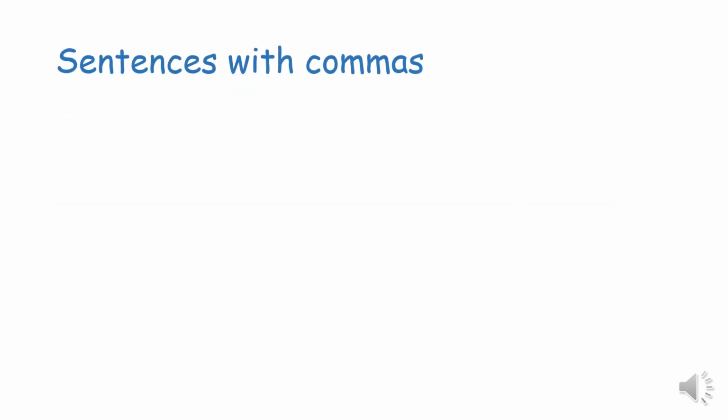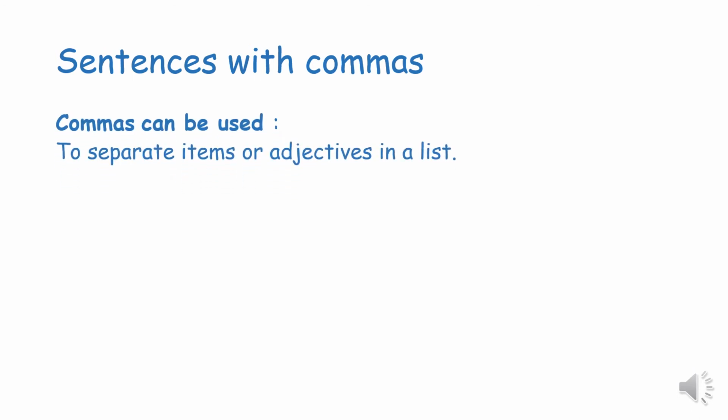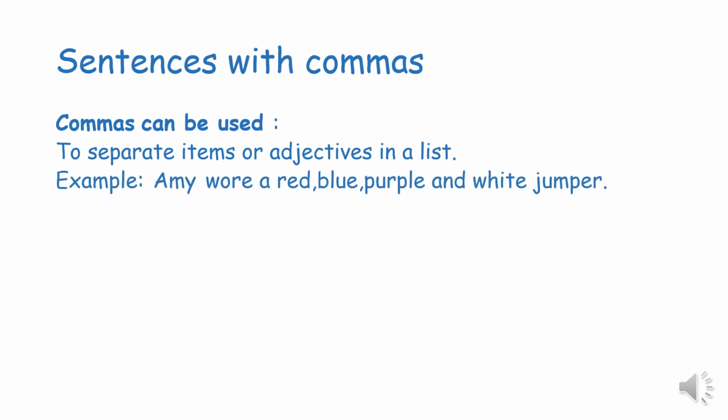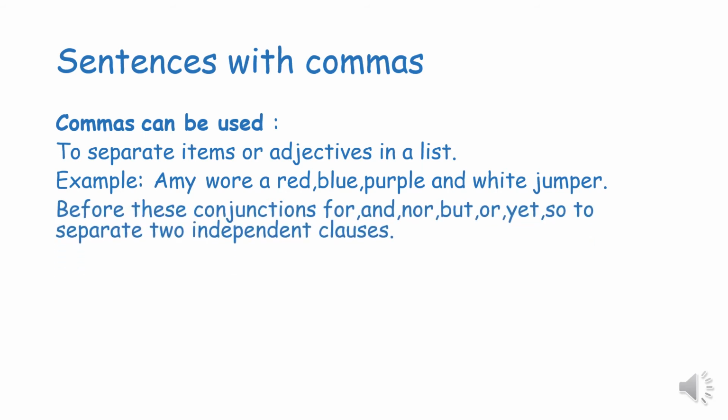Sentences with commas. So commas can be used to separate items or adjectives in a list. For example, Amy wore a red, blue, purple and white jumper. Or they can be used before the following conjunctions: for, nor, but, or yet.